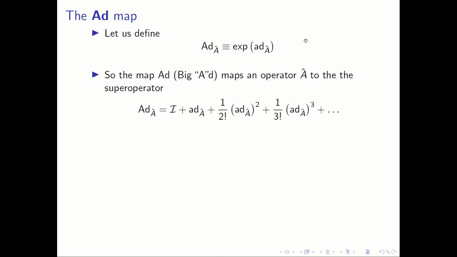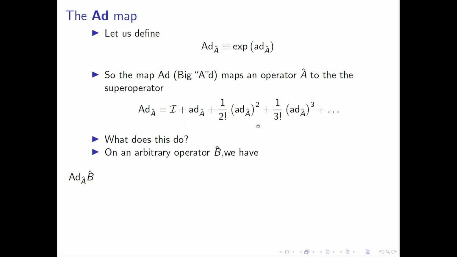So the map Ad with big A maps an operator A to a new superoperator. Which superoperator? Well, the exponential of ad A, by the definition of exponential, is just identity plus ad A plus ad A whole square by 2 factorial and so on. Just to remind you, the square, the cube, etc. of an operator simply means the operator acts several times. So what does this big Ad A do?